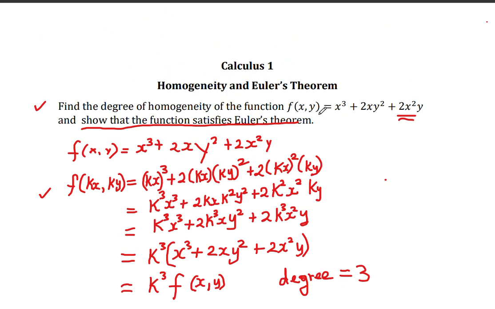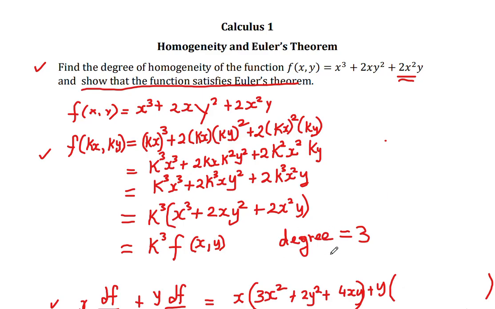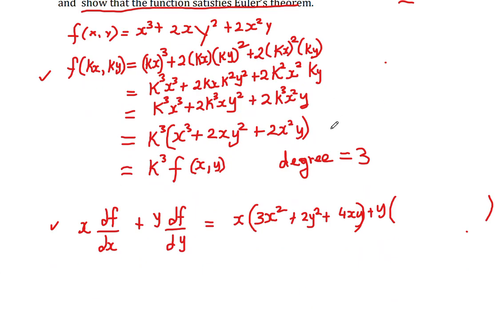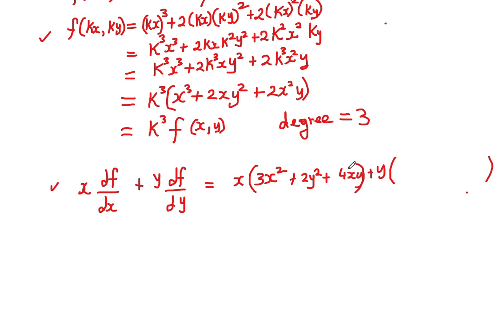So if we can get the degree, which is 3, multiplied by this original function, f of xy, then Euler's theorem would have been satisfied.